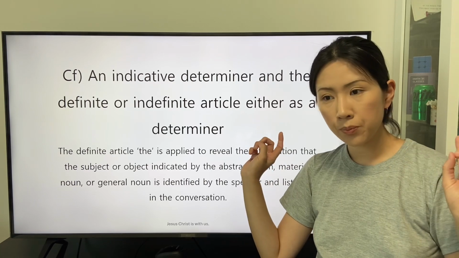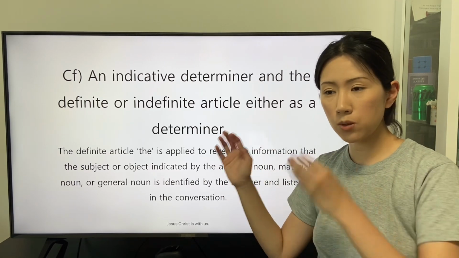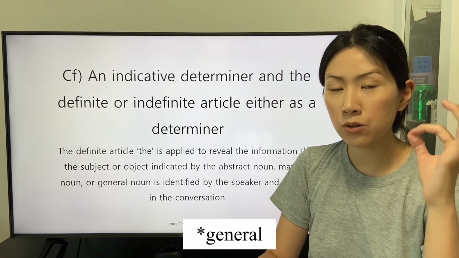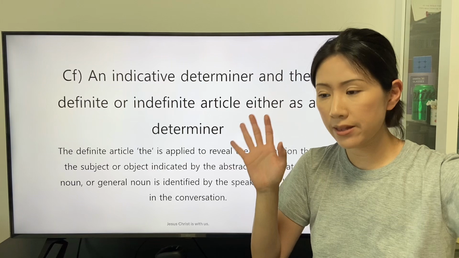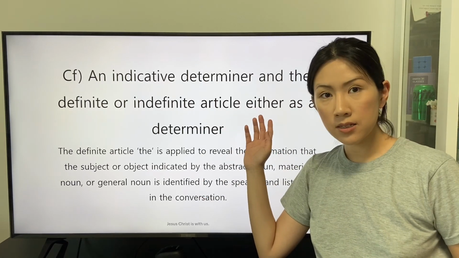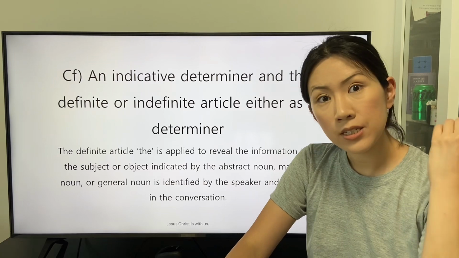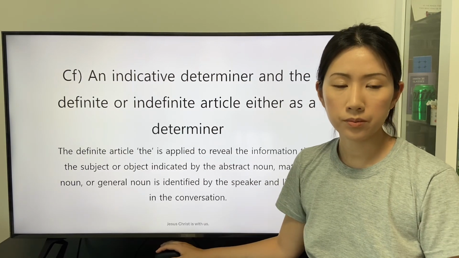The speaker intends to indicate this subject with the general noun TV. Then we can say that the speaker and the listeners identify this subject as the TV, to be stated in a clause.